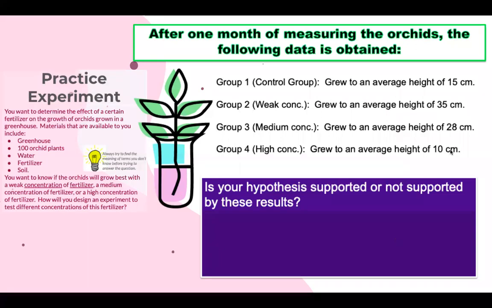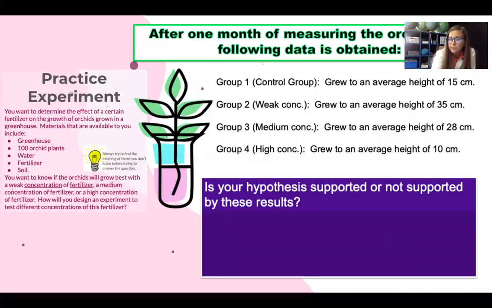So my hypothesis was I was going to keep it safe and in the middle, and I was going to say the medium concentration group would grow the best. Was my hypothesis supported or not supported by these results?